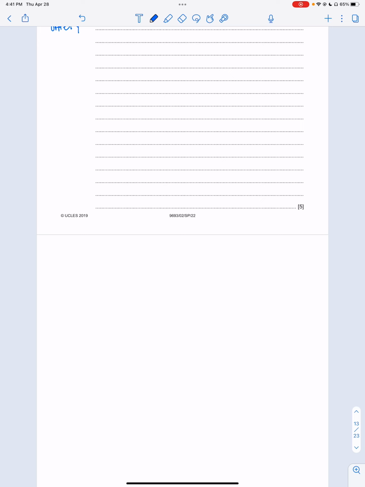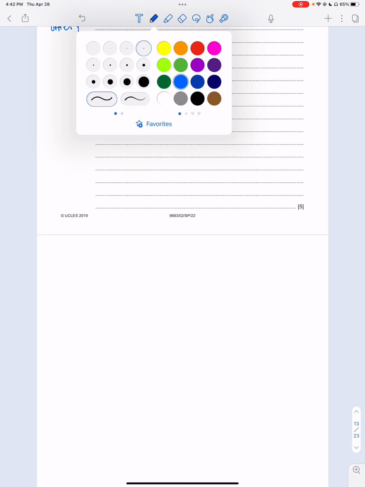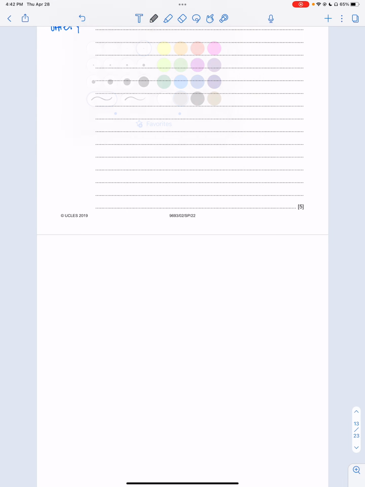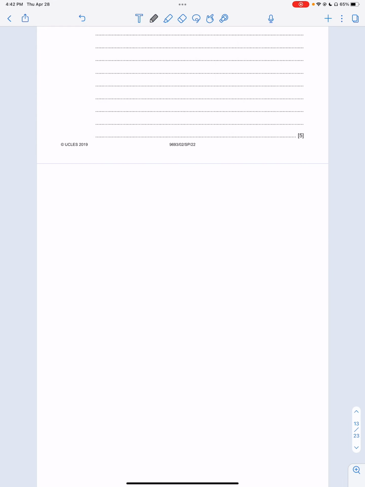So a recommended way is to actually just use a test tube. So let me just draw out what this might look like real quick. Test tube, and we're going to fill it with water.